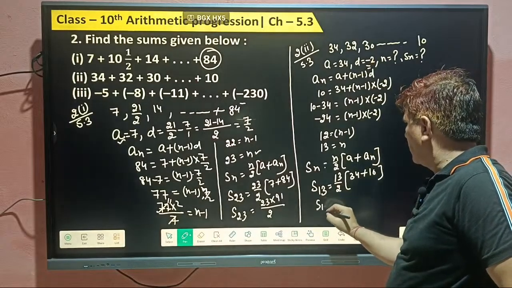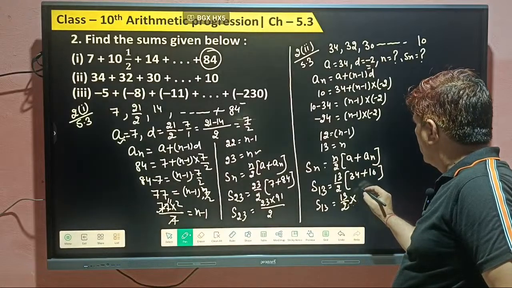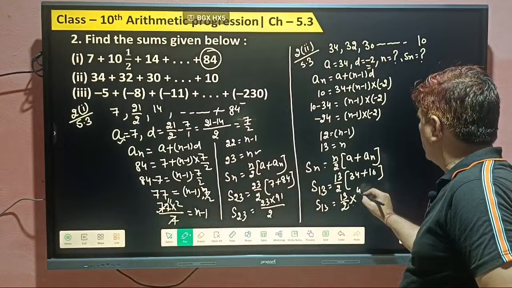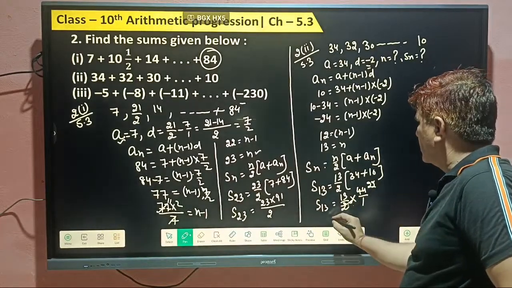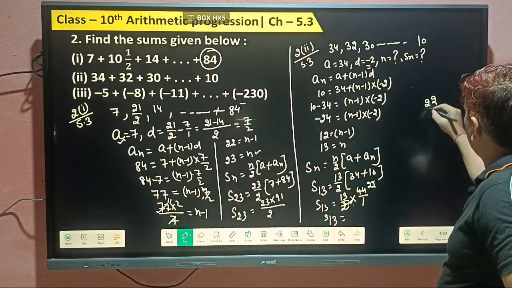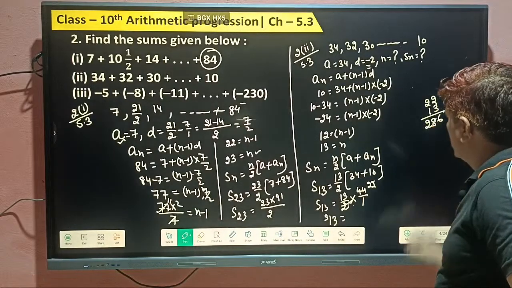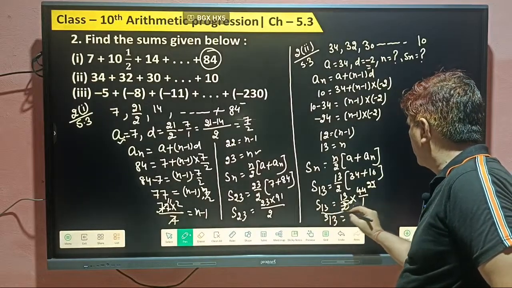So S13 equal to 13 by 2 into what? 34 plus 10, 44. By 2, calculate 22. S13 equal to 22 multiplied with this 13, so 286.